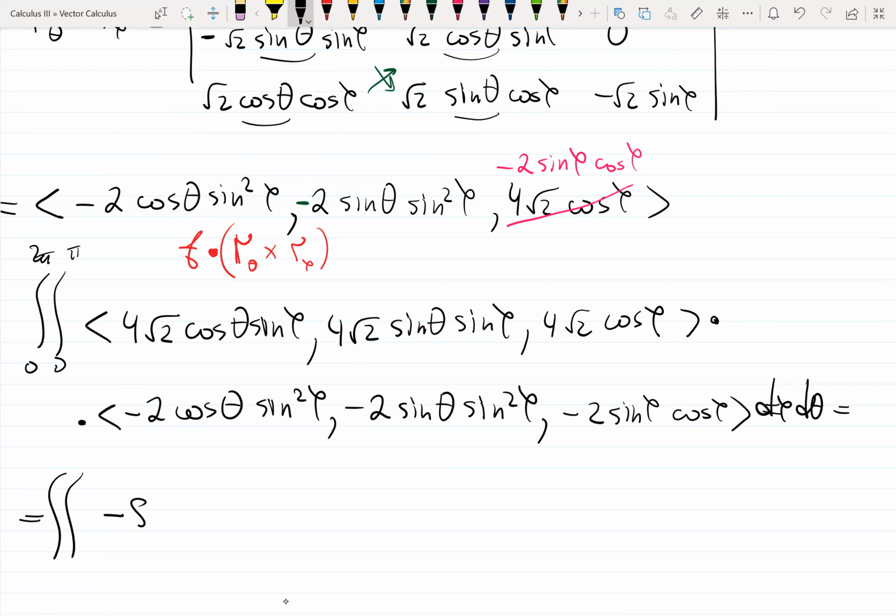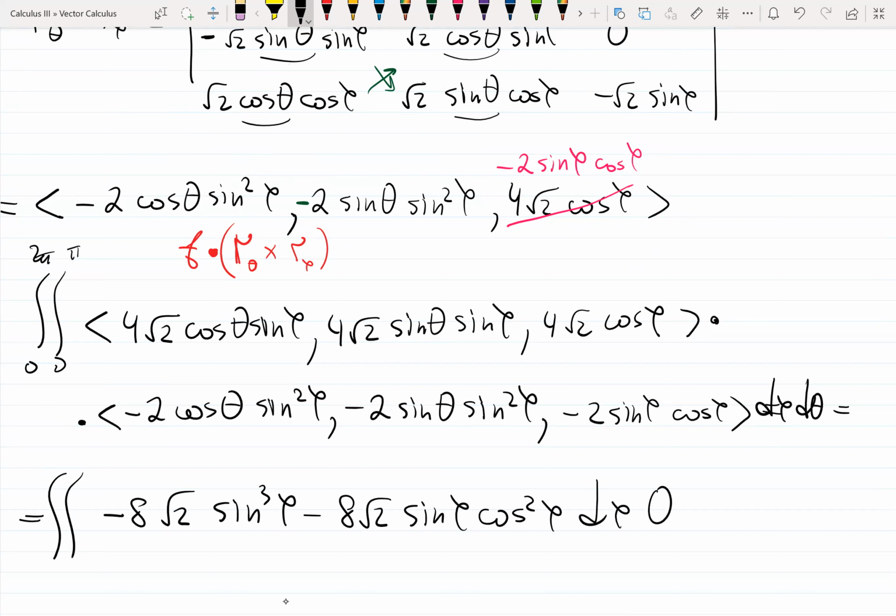So it will be minus 8 square root of 2 sine cubed phi minus 8 square root of 2 sine phi cosine squared phi d theta, from 0 to 2 pi, from 0 to pi. Amazing work. Not mine, Sagar's work.